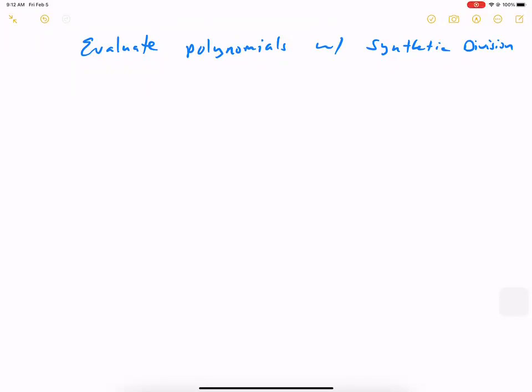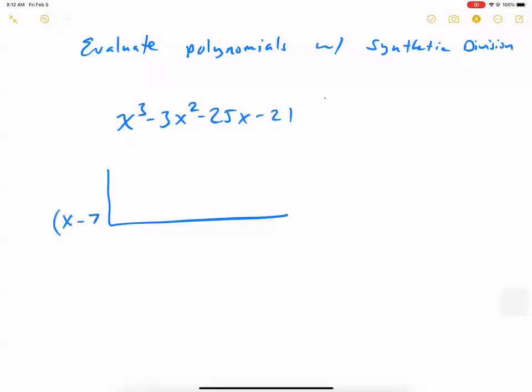Instead, let's look at this problem, x cubed minus 3x squared minus 25x minus 21. I'm going to ask you guys to use synthetic division and divide out x minus 7, okay?